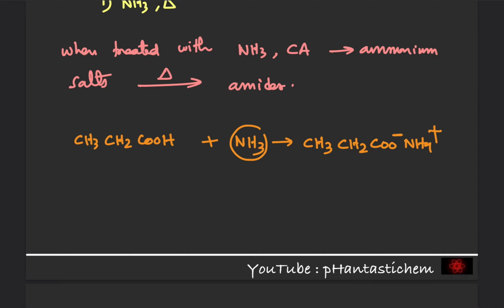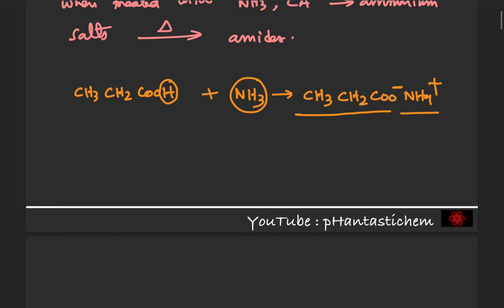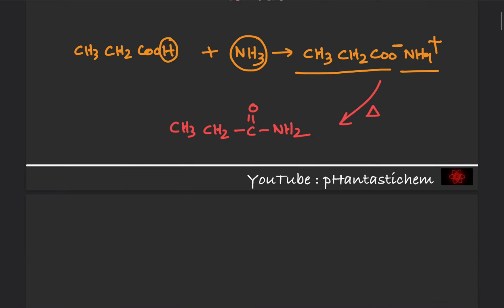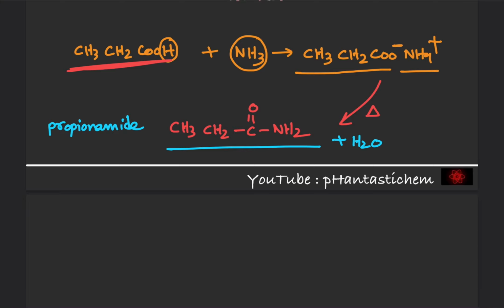NH3 being basic will get a hydrogen and hence forms NH4 plus and CH3CH2COO minus. This upon heating will lose a molecule of water to eventually give us CH3CH2C double bond O NH2. So this is our propanoic acid and this is our propionamide. Important. And also a molecule of water.